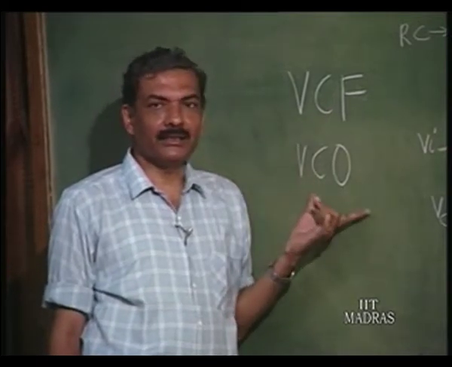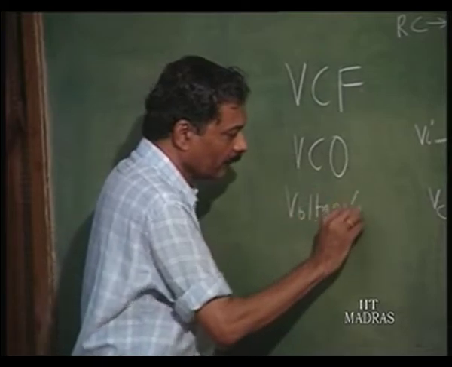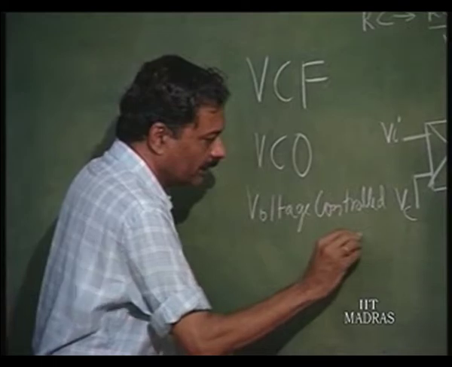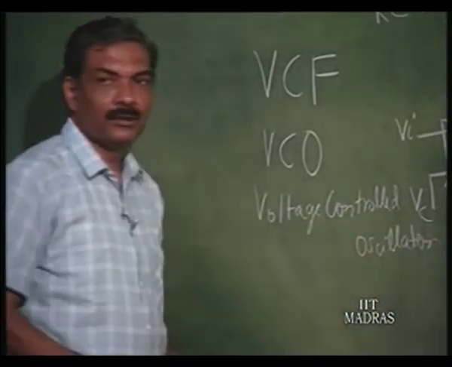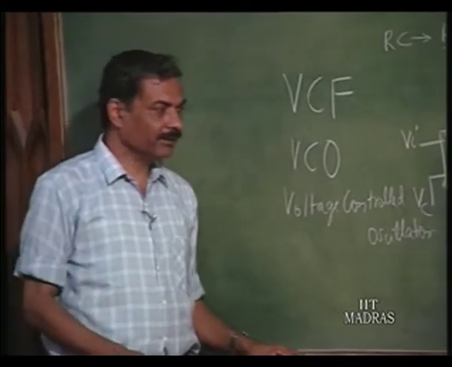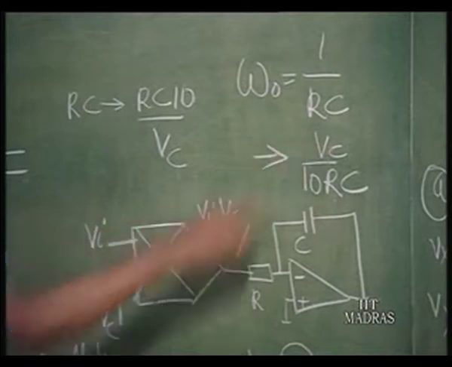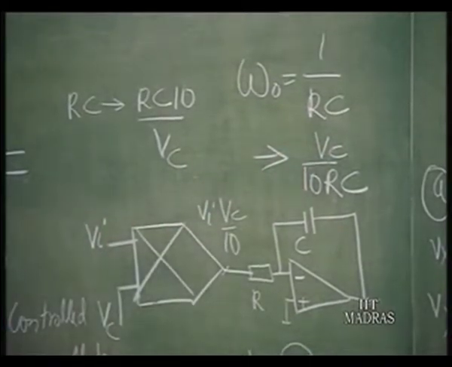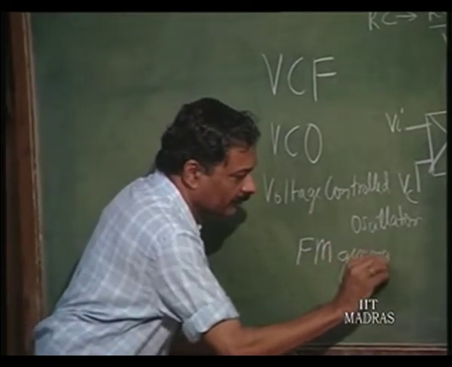Voltage controlled oscillator is again a circuit whose frequency of oscillation is directly proportional to the control voltage, and it is nothing but an FM generator.